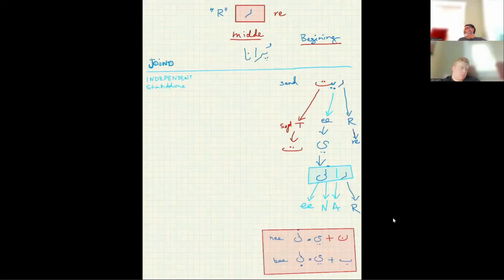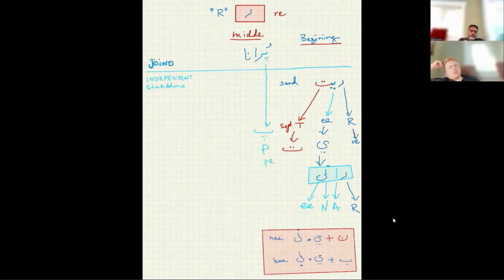Purana. So the first letter that goes into this word is Pe. This is the P sound, which is called Pe in Urdu.